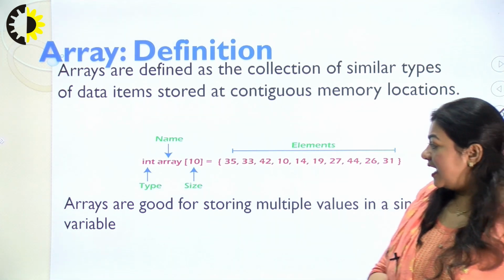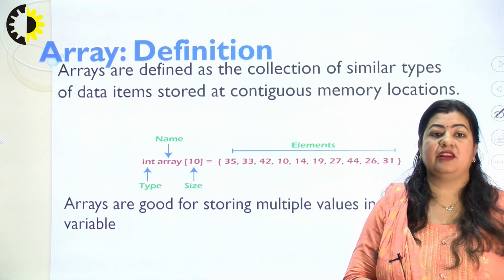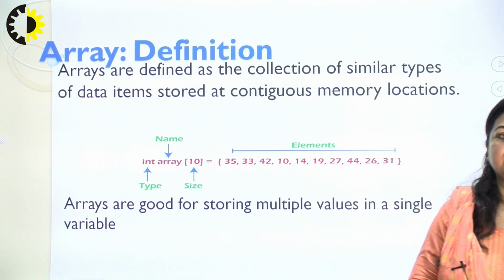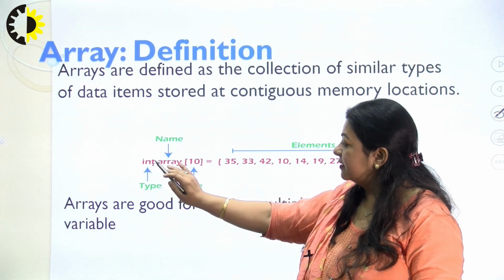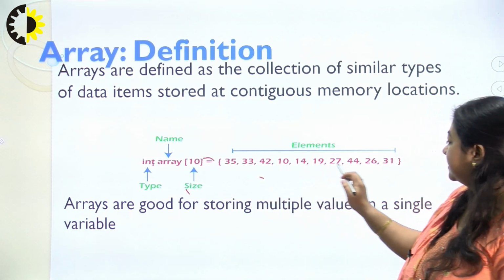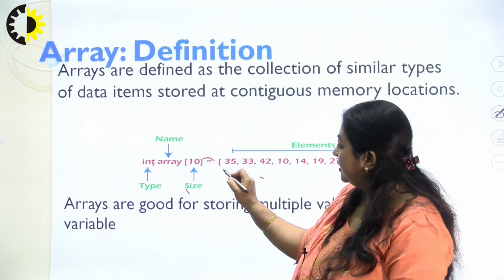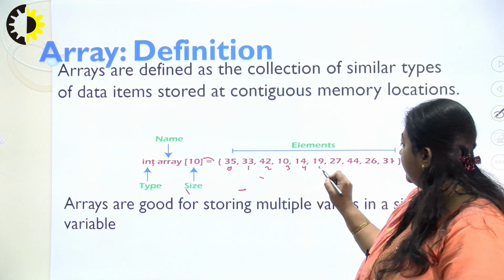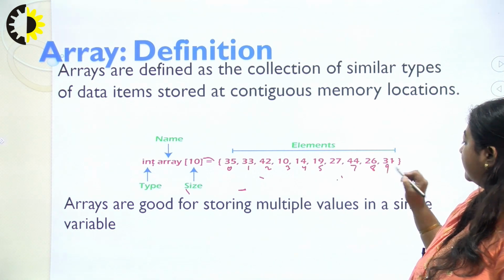Array is good for storing multiple values in a single variable. So you can see an integer type array which is of size 10. Here are the 10 elements. That means the index values are 0, 1, 2, 3, 4, 5, 6, 7, 8, 9.